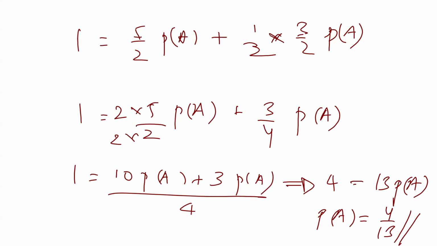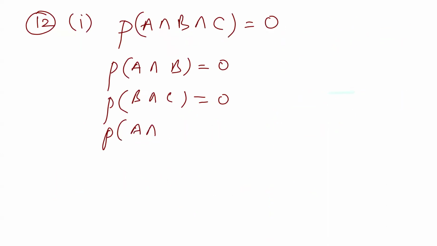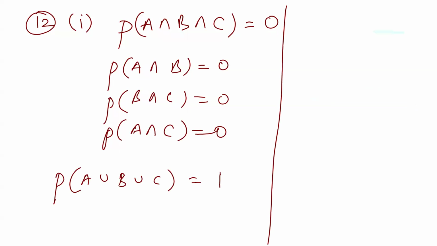Okay, next problem. Question number 12, sub question 2. So the data given is almost the same, only a few changes in the data. Since they are mutually exclusive, this entirely is 0, intersection is 0.